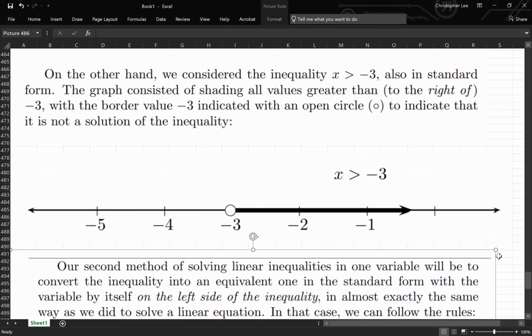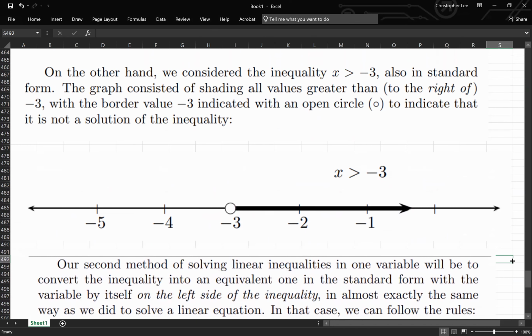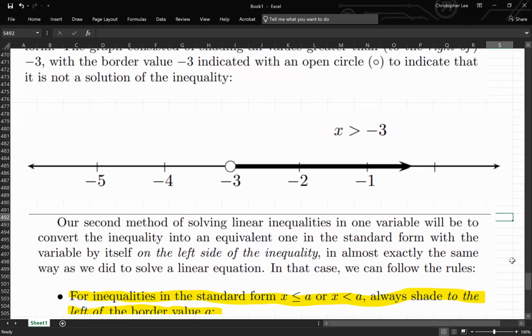Our second method of solving linear inequalities in one variable will be to convert the inequality into an equivalent one in the standard form, with the variable by itself on the left side of the inequality, in almost exactly the same way we did to solve linear equations. In that case, we can follow the rules.